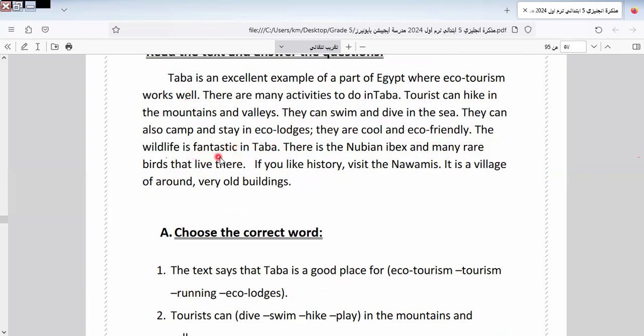The wildlife is fantastic in Taba. There is the Nubian ibex, and many rare birds that live there. If you like history, visit the Nubians. It's a village of around very old buildings.